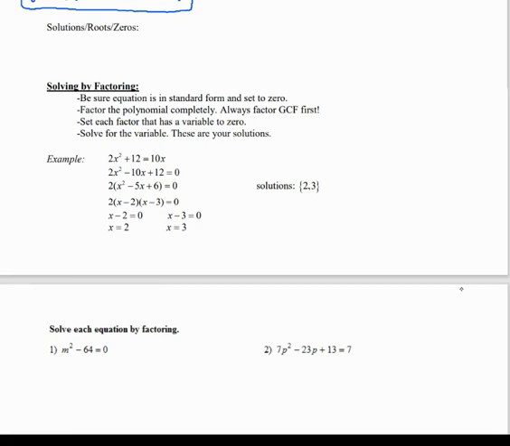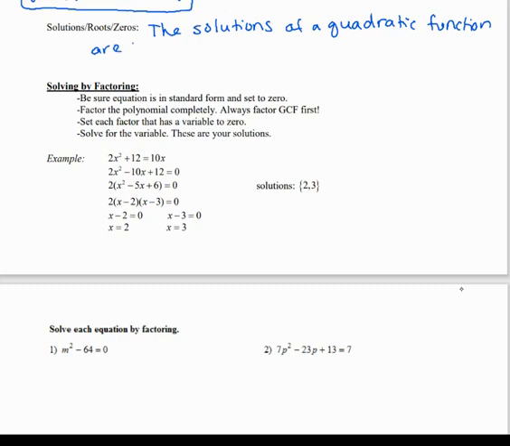And why they're called zeros is because, as you remember, the solutions of a quadratic function are the x values that make the equation equal 0.